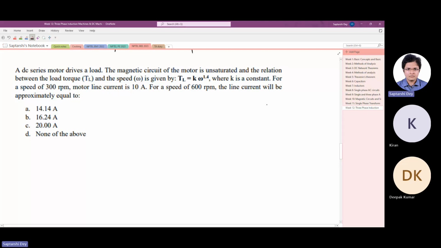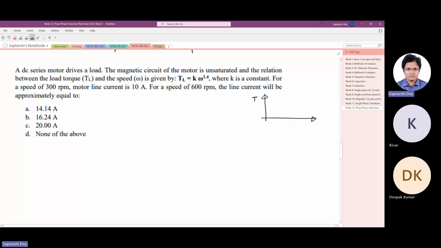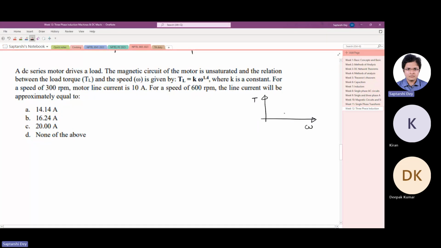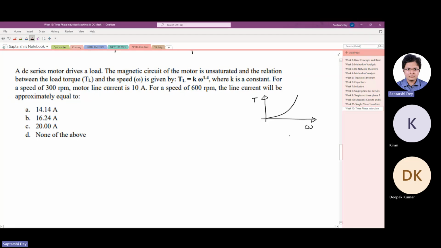You see here the torque versus speed equation for the load is given. This is something you might not have yet encountered. It is dictated by the load. Just to give you an idea, although it is not required for this problem, suppose there is a lift. A lift is driven like this.